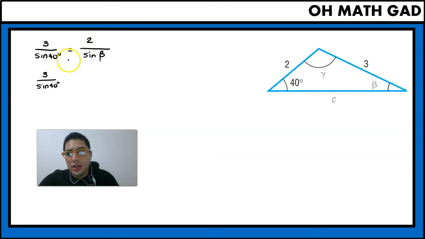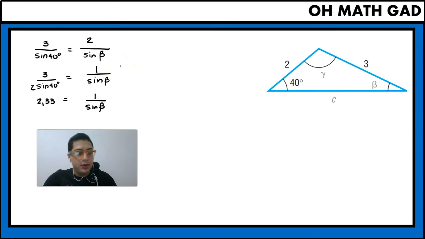And then this 2 can pass dividing, is going to be equal to 1 divided by the sine of beta. And then that means that 3 divided by 2 times the sine of 40 is 2.33, and that is going to be equal to 1 divided by the sine of beta.